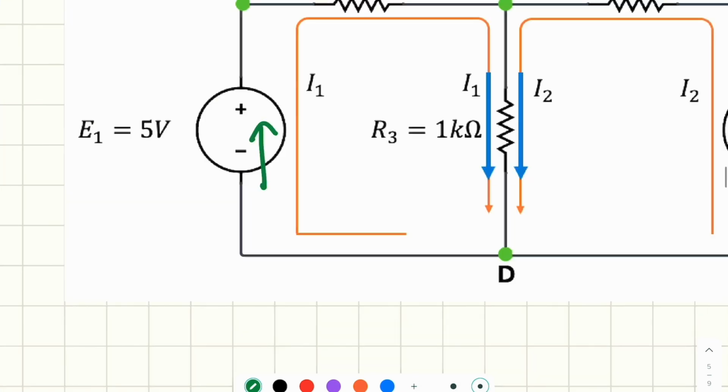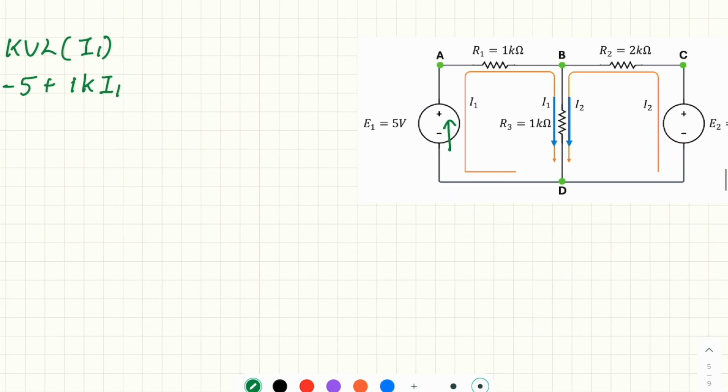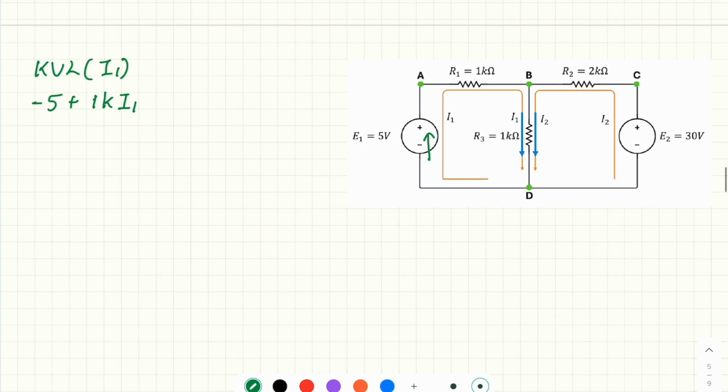For R3, we notice there are two mesh currents passing through it, and they are in the same direction. So the total current passing through R3 is I1 plus I2, and the resistor is 1K, so this is plus 1K times (I1 plus I2), equal to 0.